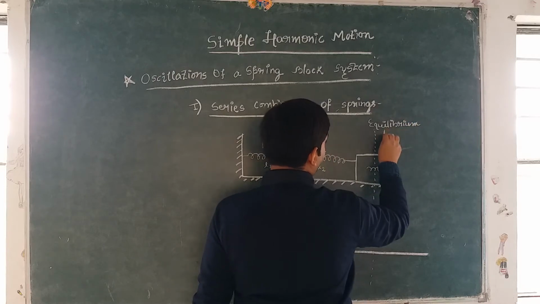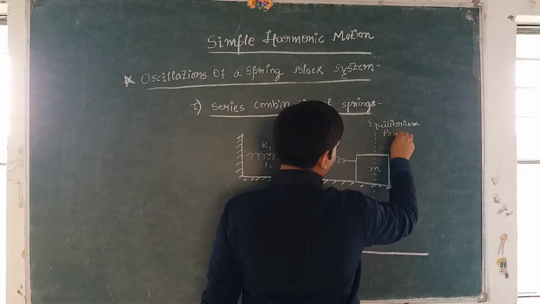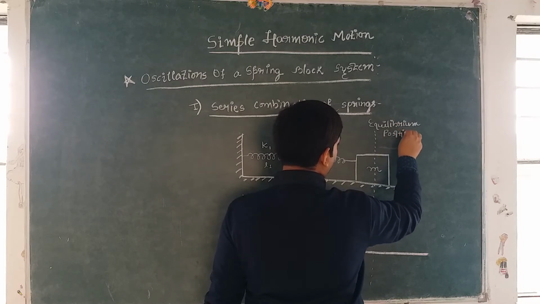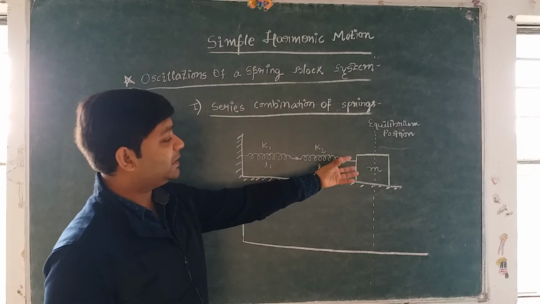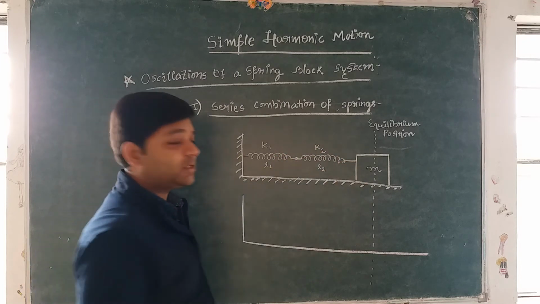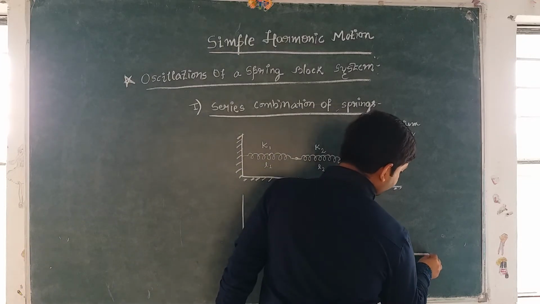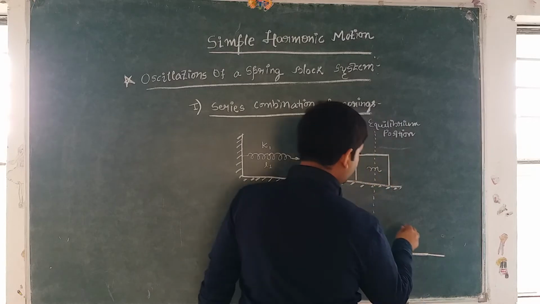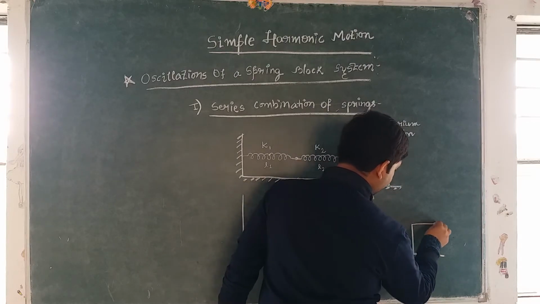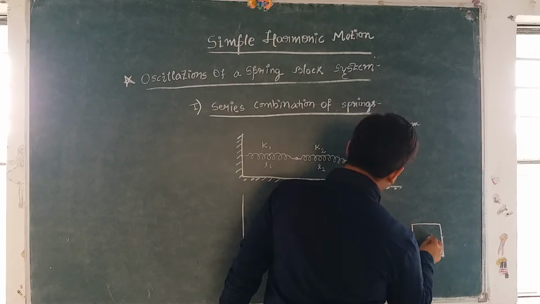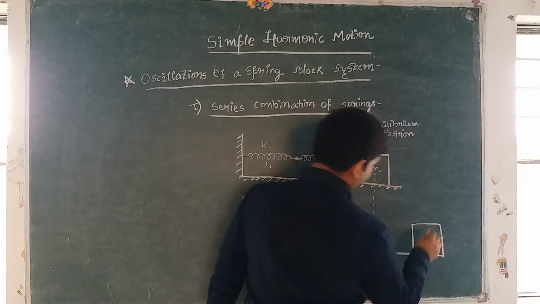So this is the equilibrium position of the block. Fine. And now I am displacing this block through a small displacement x, like this.